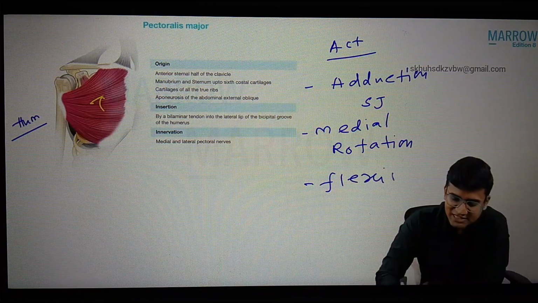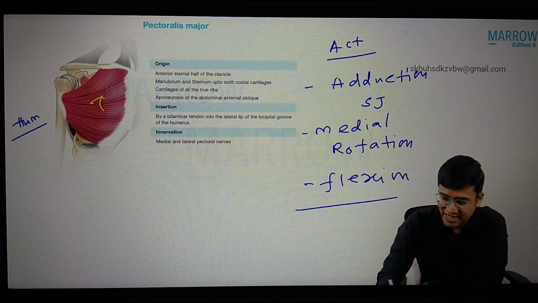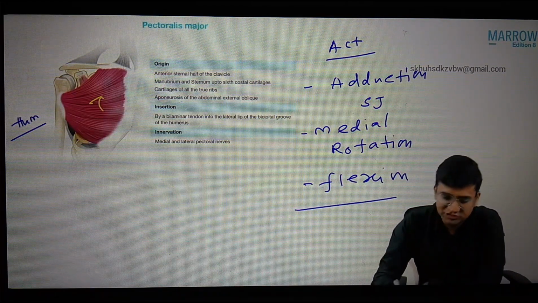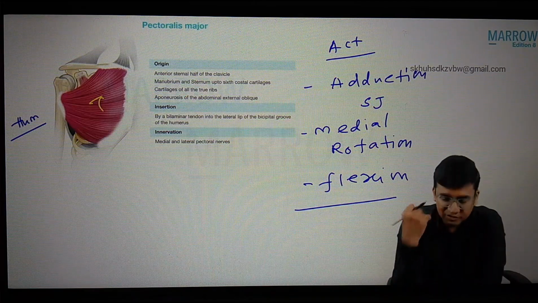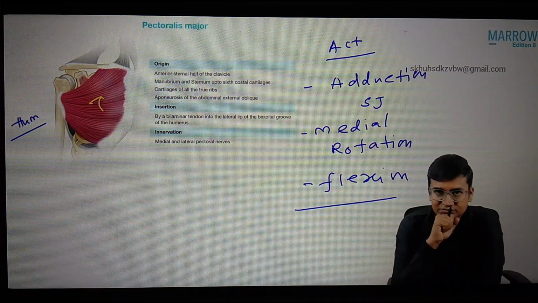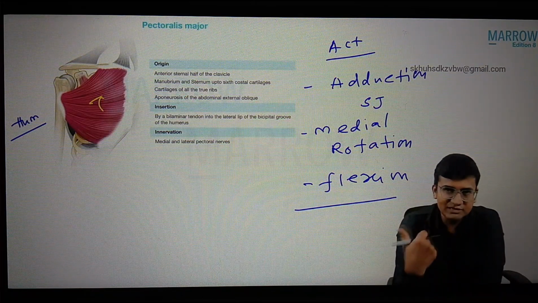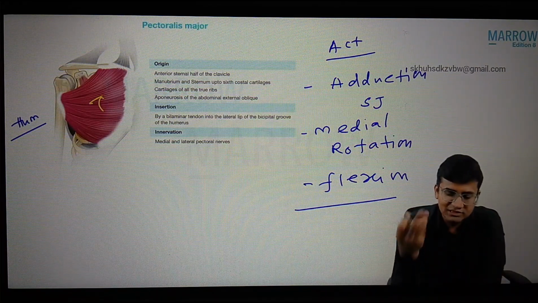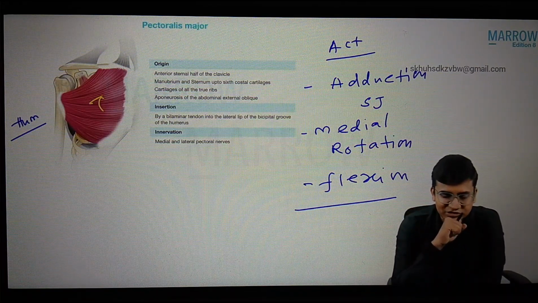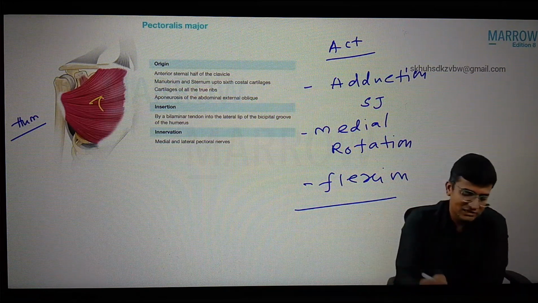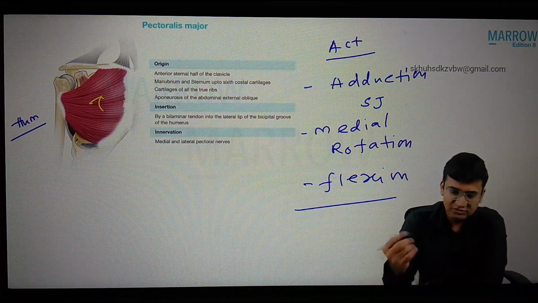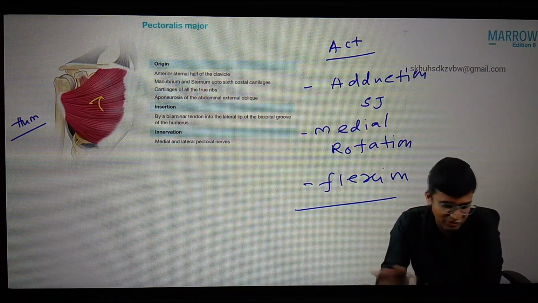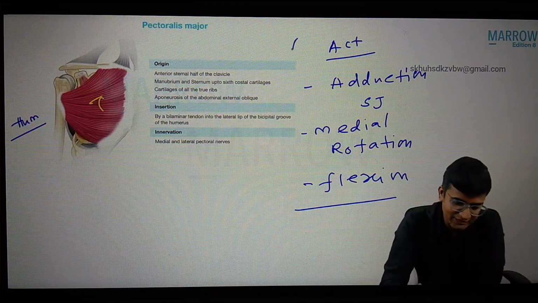So pectoralis major muscle has three actions at the level of the shoulder joint: adduction, medial rotation, and flexion. Any doubt? Origin from the trunk, insertion to the humerus, the humerus bone moving towards the body: adduction and medial rotation. Plus, it crosses the shoulder joint on the front side: flexion. That's all about this muscle. Action is very important, they will ask you.